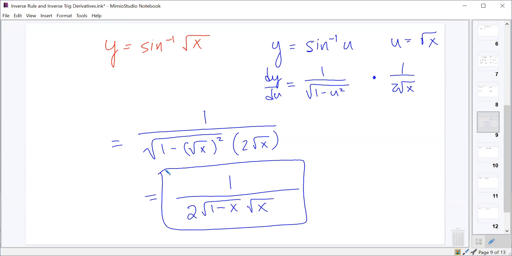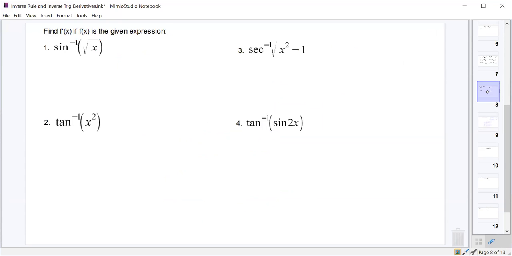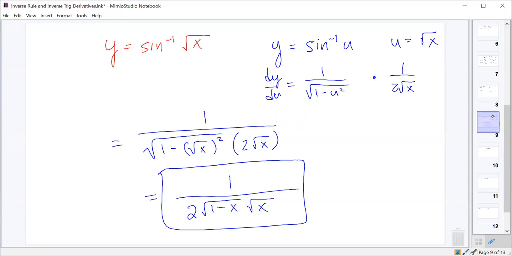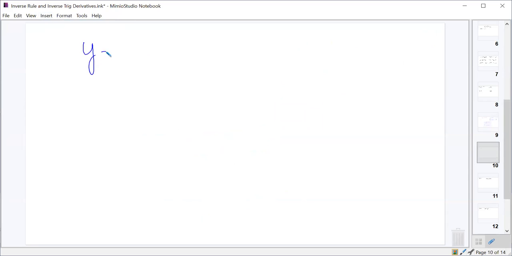Good or no? Good. All right, let's do inverse tangent of x squared. So using the chain rule, this becomes y equals the inverse tangent of u with u equal to x squared.